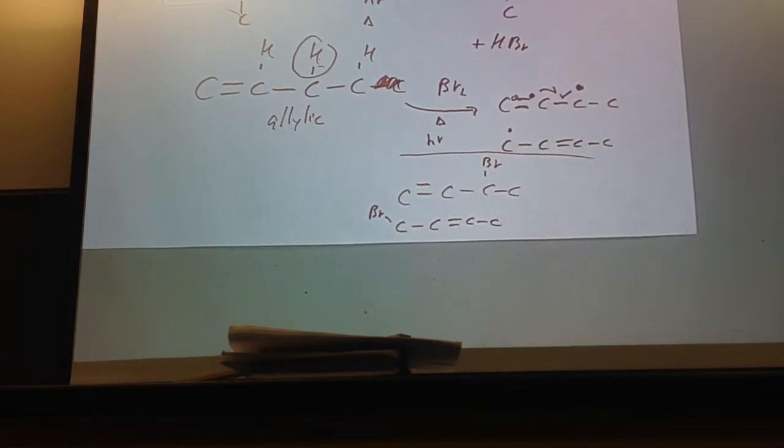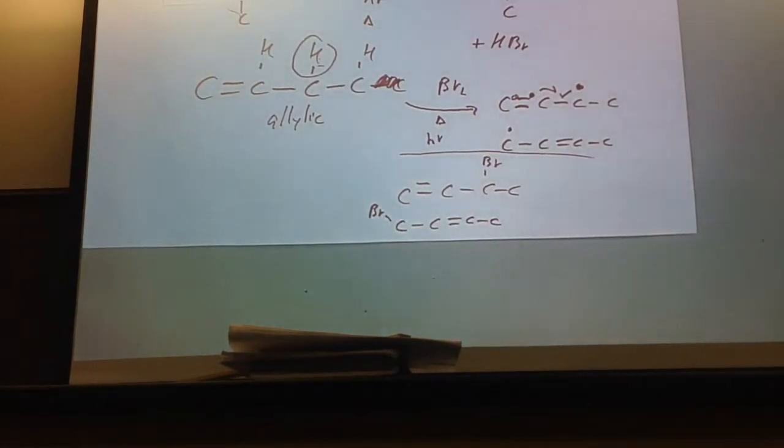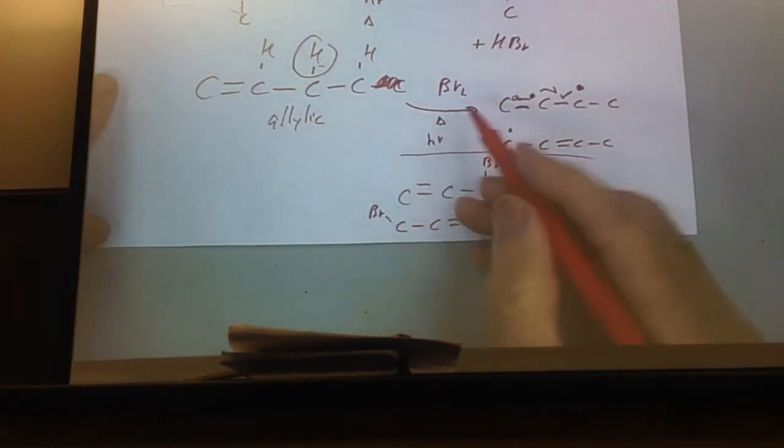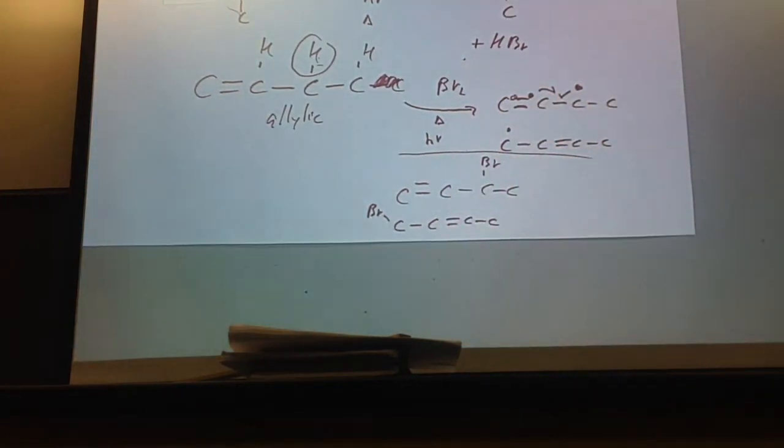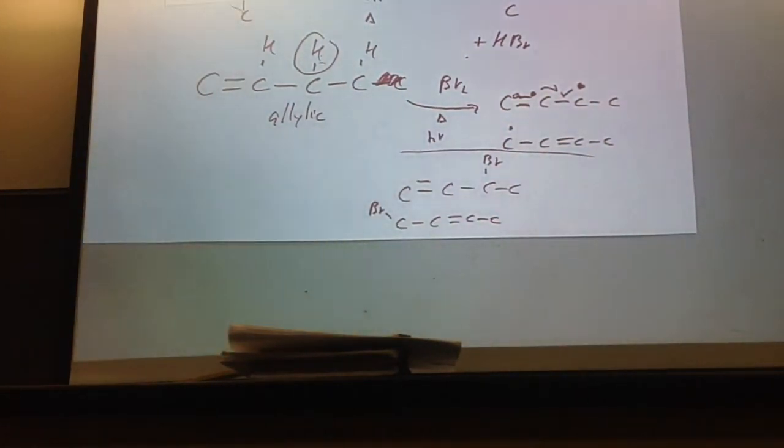Okay, now, don't worry too much about this, but instead of using bromine, sometimes they use N-bromosuccinimide, and it's abbreviated NBS. Let me just show you what you might see. Let's get fancy with that.